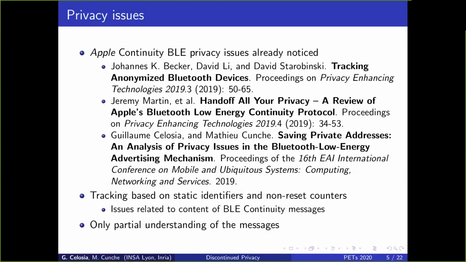We point out that those issues are related to the content of BLE Continuity messages, and that the limitation of those works is that they rely on a partial understanding of the messages. Finally, they only identify the tip of the iceberg. Actually, we identify the rest of the iceberg.